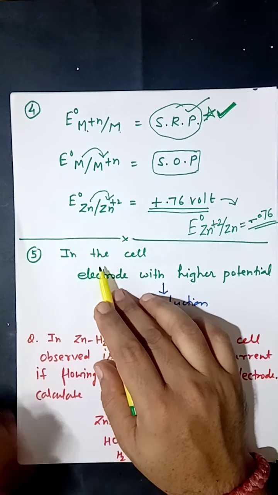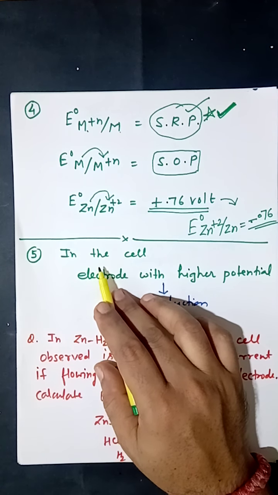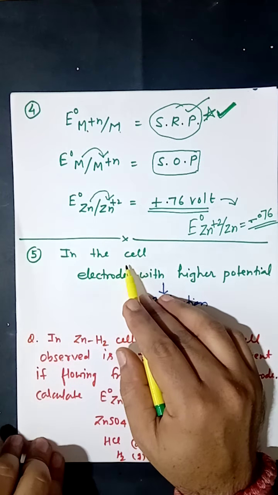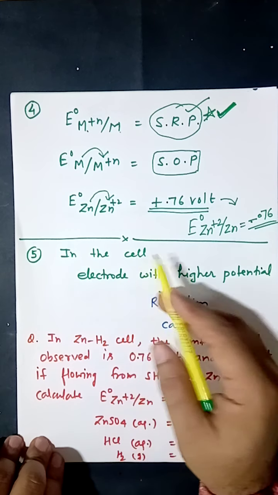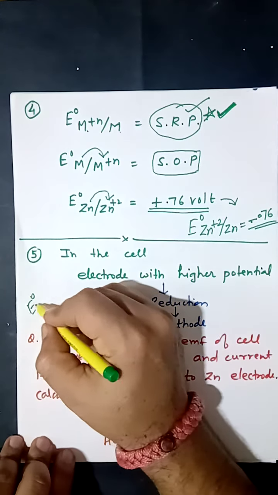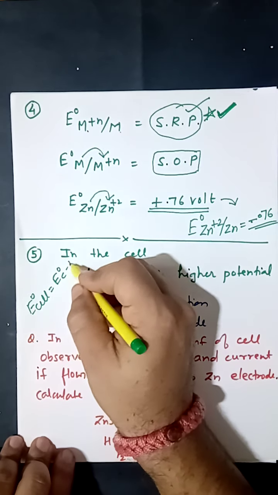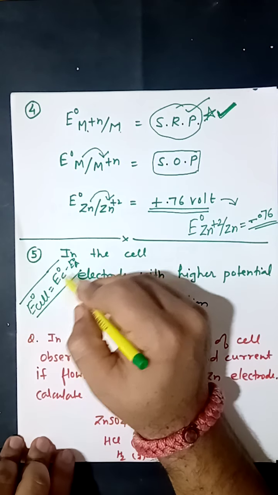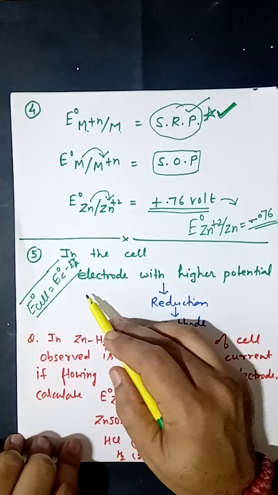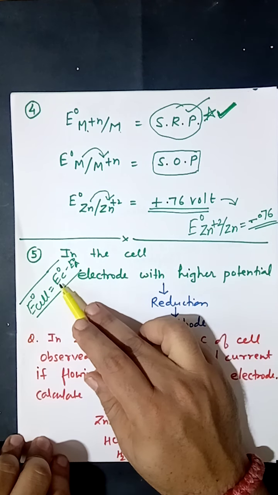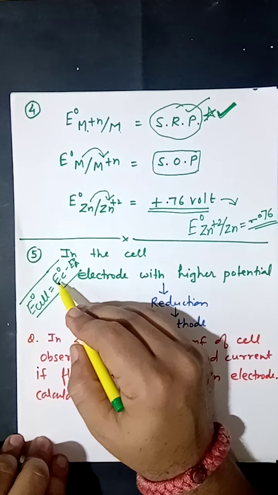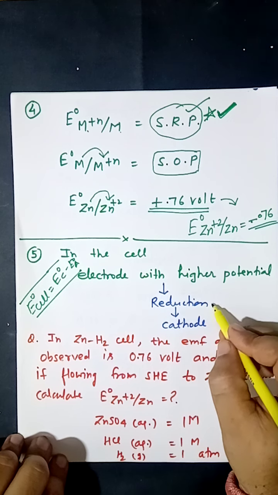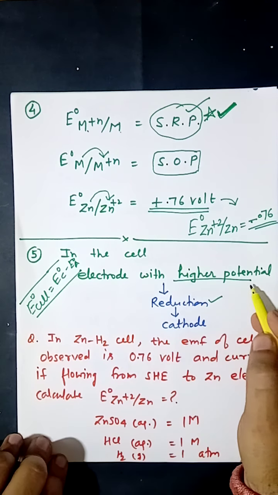Now the fifth and very important point for the questions we have to attempt. In a cell, as you know, there are two electrodes, one is cathode and another is anode. You know the formula to calculate E naught cell: it is E naught cathode minus E naught anode. Now the challenge will be to identify which is cathode and which is anode. One very simple way: the electrode with higher potential will undergo reduction because these are reduction potentials.